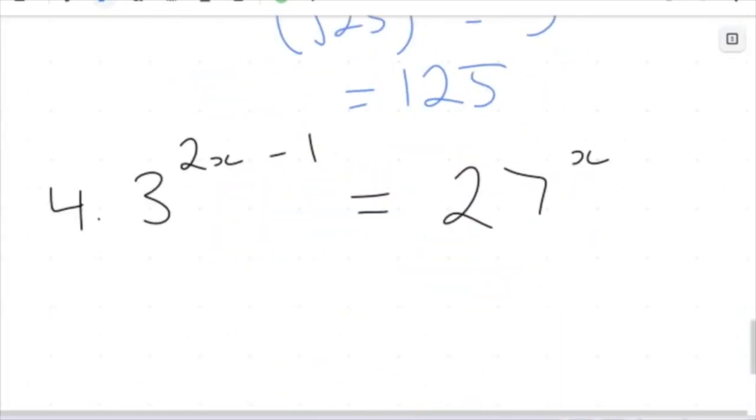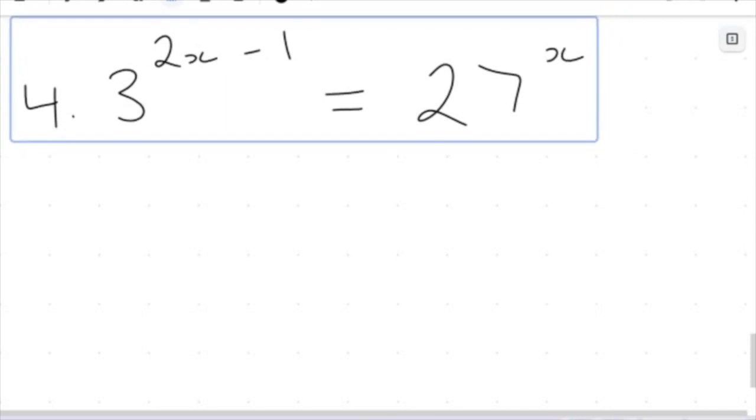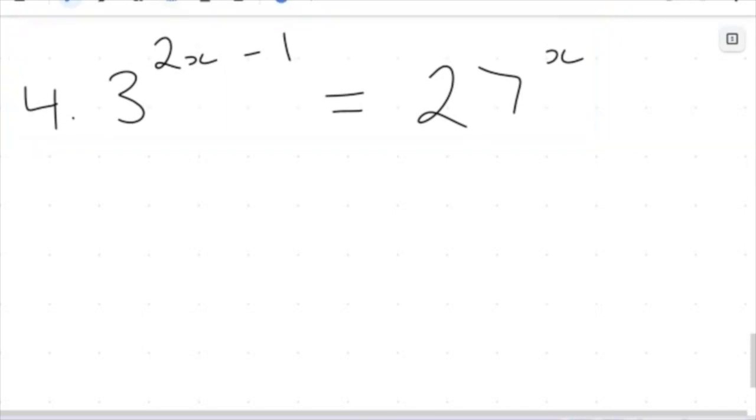All right, one more question right at the end, and this is going to be a far trickier one in terms of there's just going to be more steps, but through this same kind of mathematical manipulation, we can do this in the same type of way. Now, 3 and 27 have no apparent initial relationship.